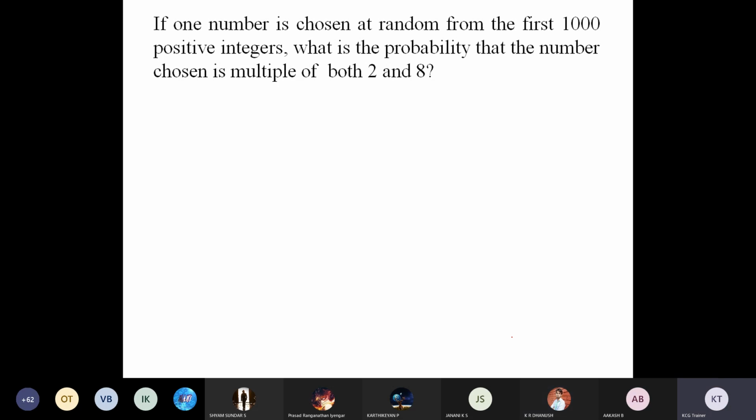Anyone? 8. 8 is a common multiple. Now tell me, from 1 to 1000, how to identify how many numbers are divisible by 8?